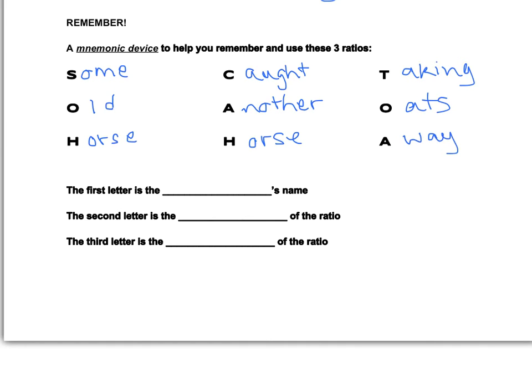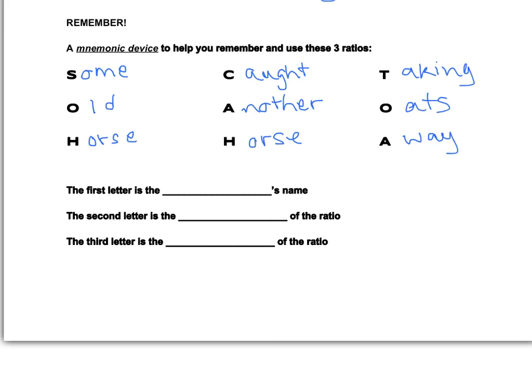So it's a little silly, but you can see that the stacked letters here are the sine, cosine, and tangent ratios. It's just an easy way to remember the SOHCAHTOA mnemonic device, so that you can remember your ratios.